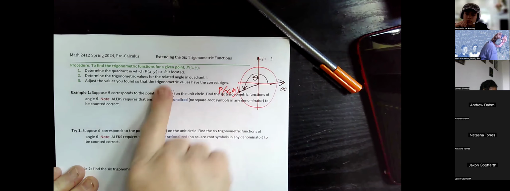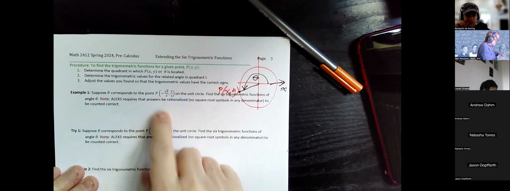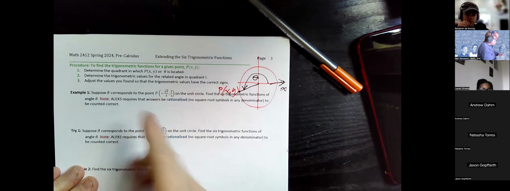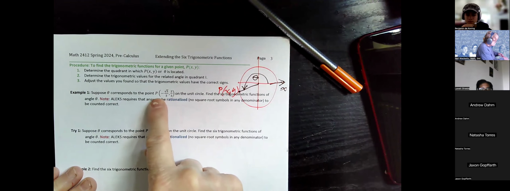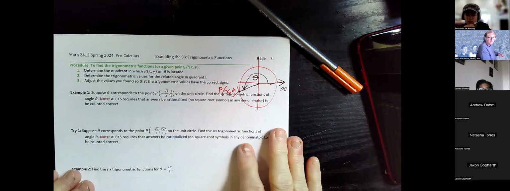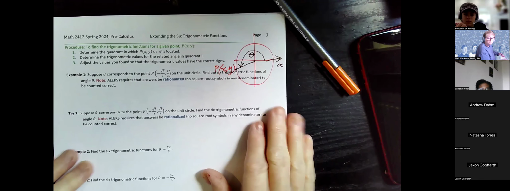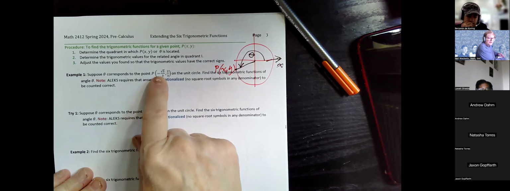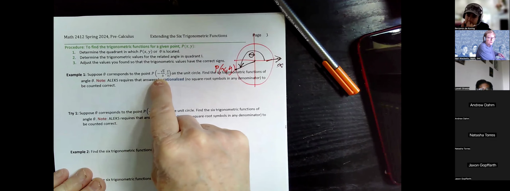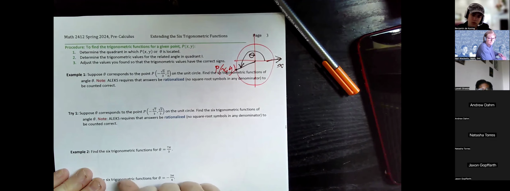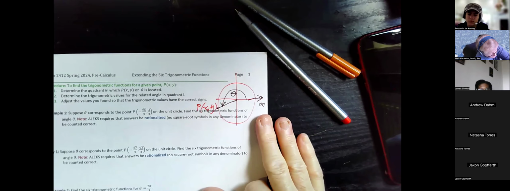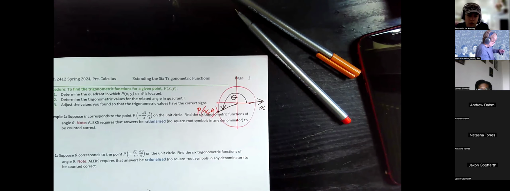Okay, so this is actually the same. How funny. Well, not quite the same. First of all, where is this P? Where is negative square root of 5 over 3 comma 2/3? Quadrant 2. Good. And how do you know? Because it's negative, positive. Good.